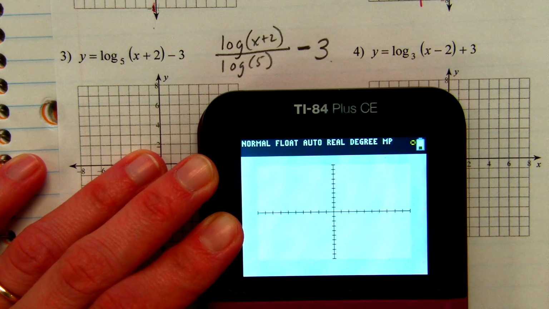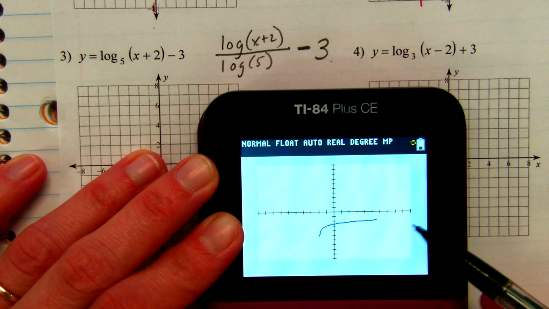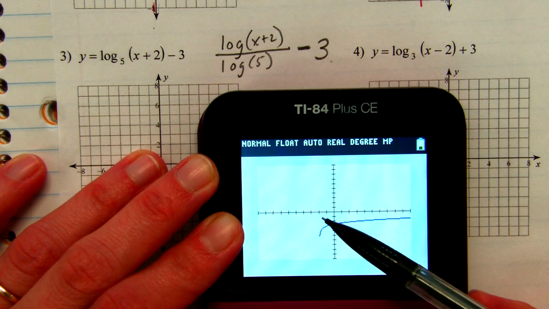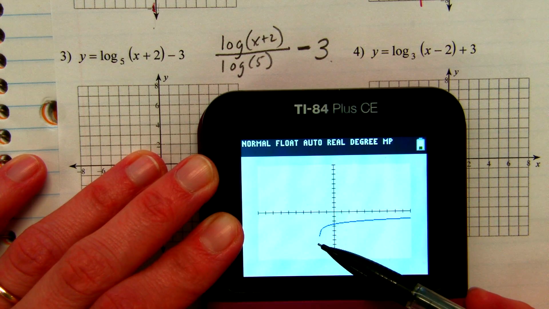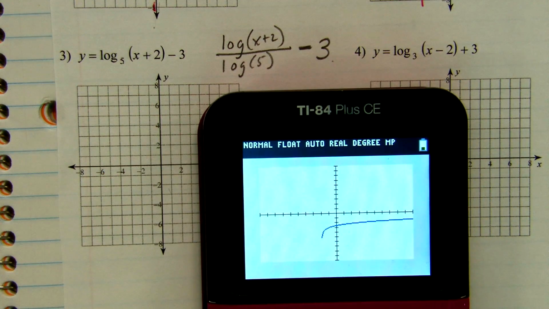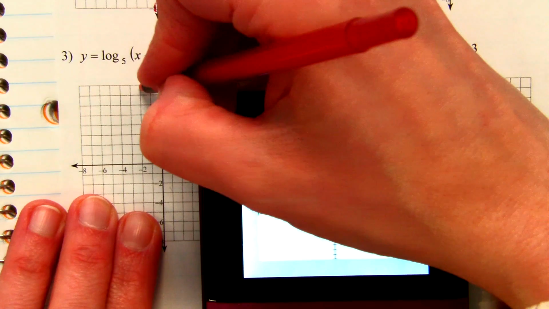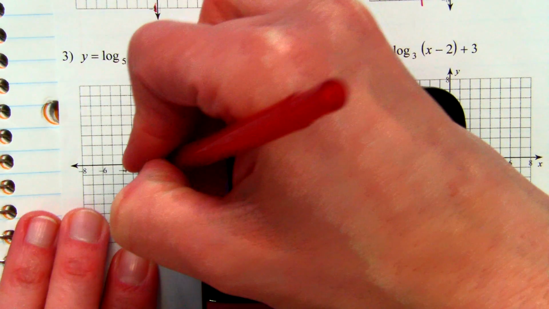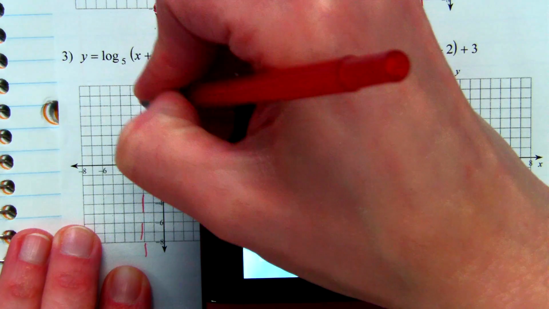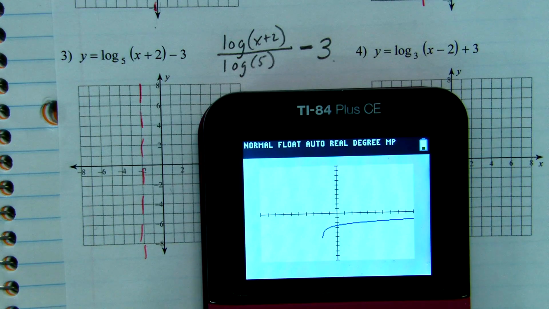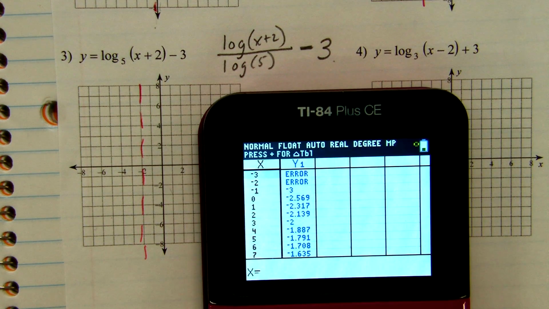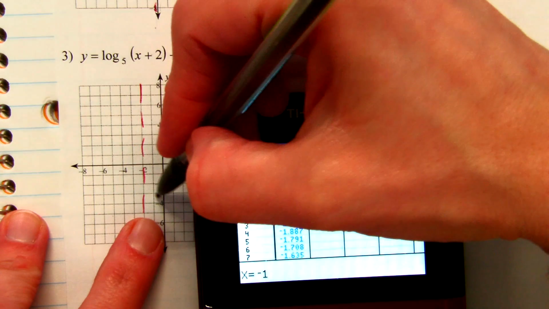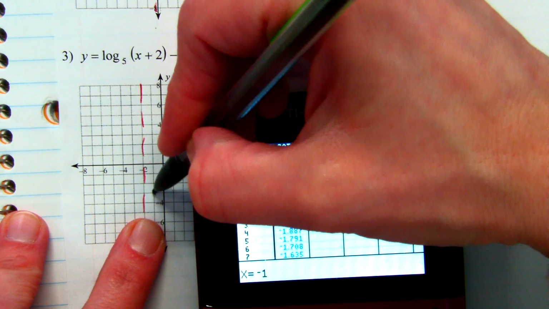And then if we hit graph, it's starting over here at -2. It's also starting a little bit lower. So our asymptote will be at -2 over here. And then we can get some points. So go into the table. -1 is at -3.